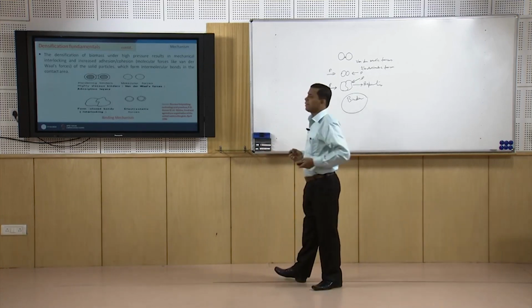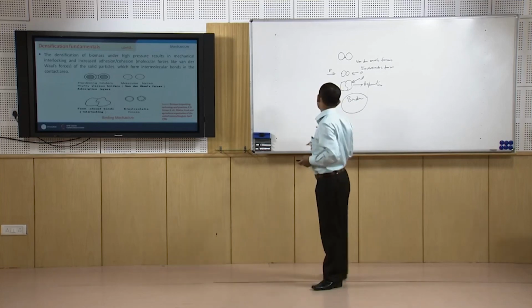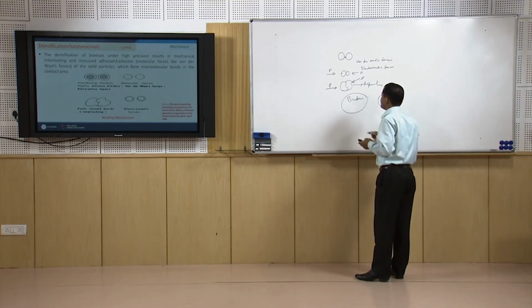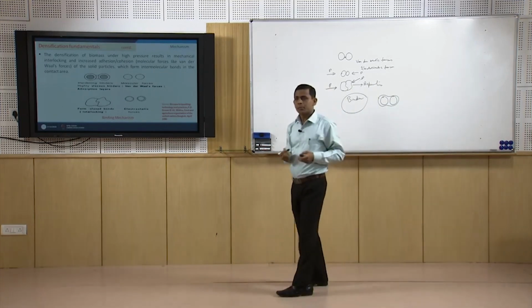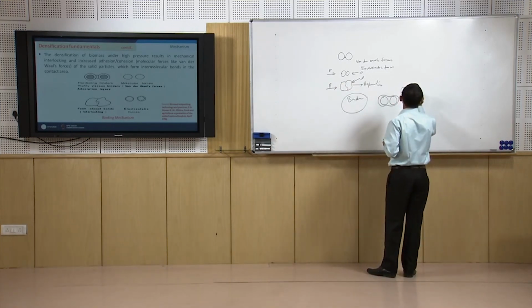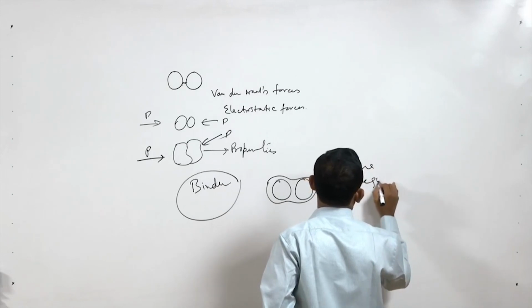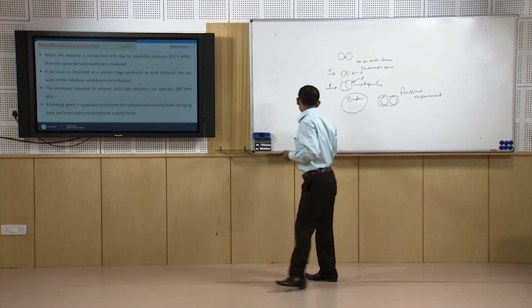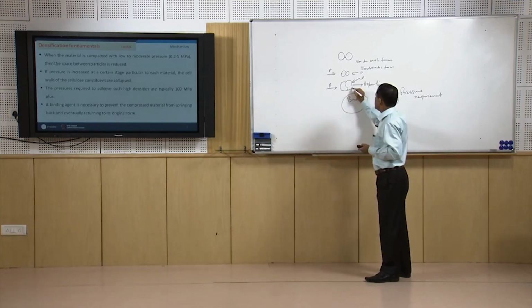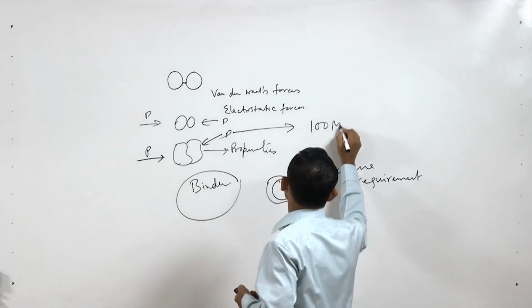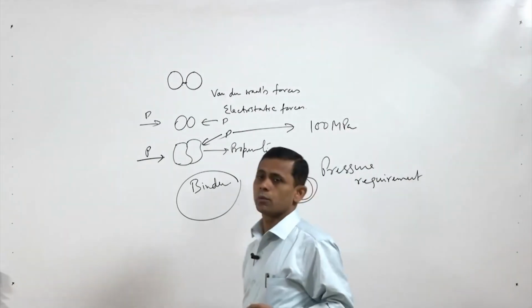The binder helps to bind the particles and keep them close. That is why in this process the pressure requirement is not so high. Now, for this interlocking purpose, what should be the pressure range? That is around megapascal in many cases or more than this.